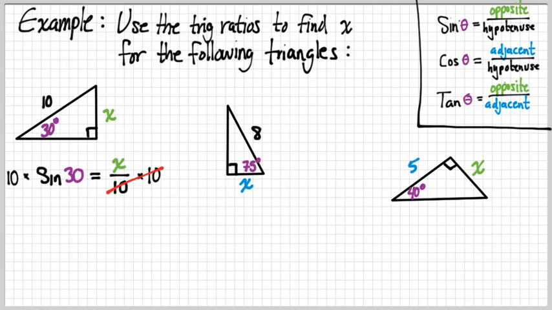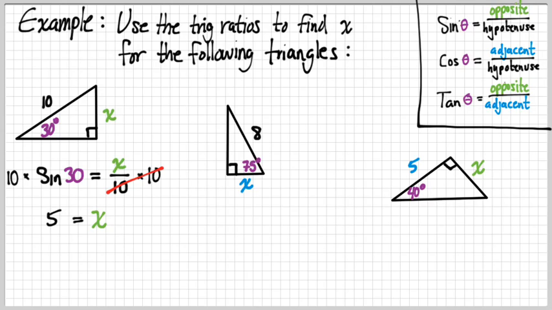So if you're in degrees, sine of 30 should be 0.5. I am using degrees, so you really need to switch to degrees if you're not already there. So sine of 30 should be 1/2, and if you type in sine of 30, you should get 0.5. Well, if sine of 30 is 0.5, 0.5 times 10 is just 5. So 5 equals x. And so we've found the length of x.